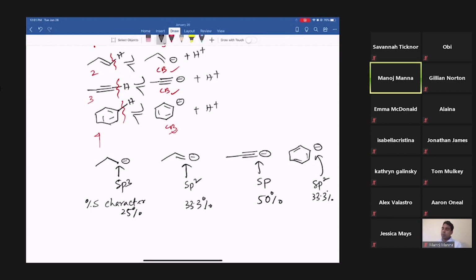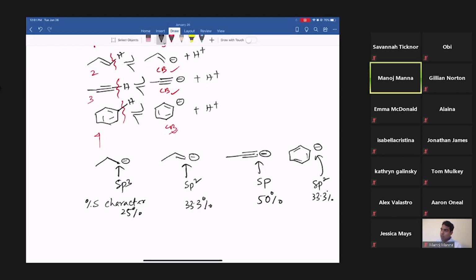So now the concept is, the higher the s character, that particular carbon is more stable, because you compare all those carbons here, here, here, here. All 4 have negative charge, but there is a difference of hybridization. So that means the negative charge can stay over here more stably because of the greater s character.